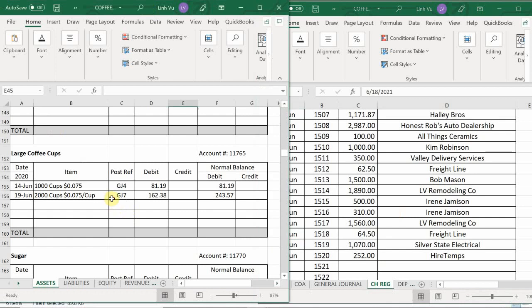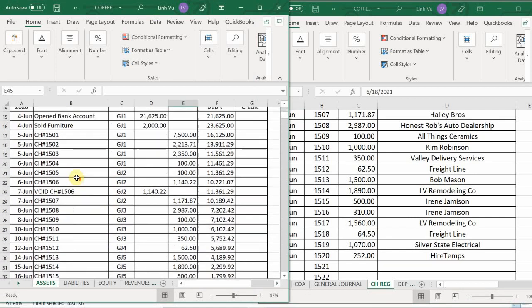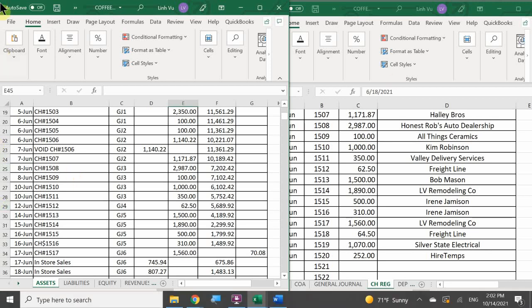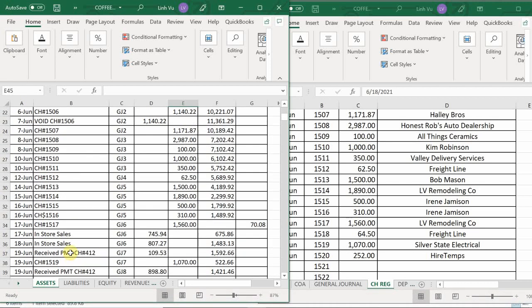So on the 18th of June for my checking account, what check number was that? 1518. So let's see. We got 1512, 1513, 1514, 1516, 17. But where's my 18? I am missing. I have 19 and 18.